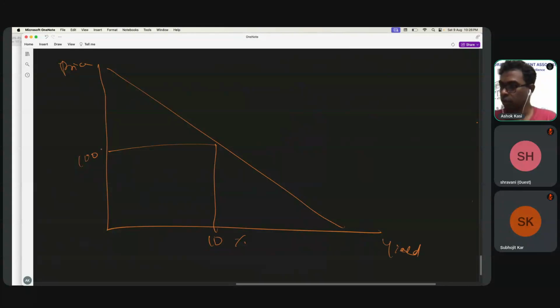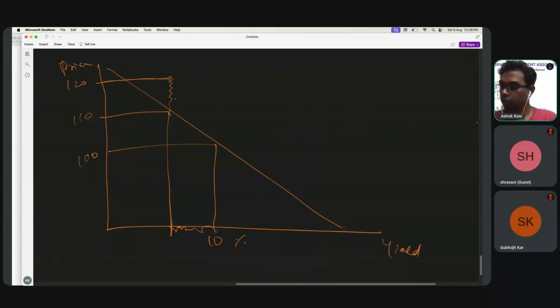So this is 100. Now when the interest rate comes down, the price should go up. Okay, this is 110. Now because of convexity, it goes to, let's say, 120.